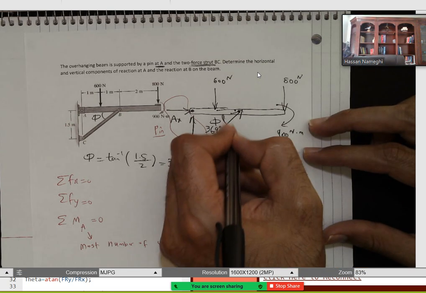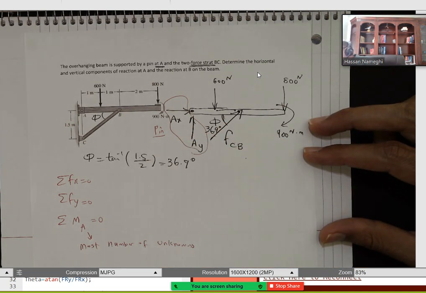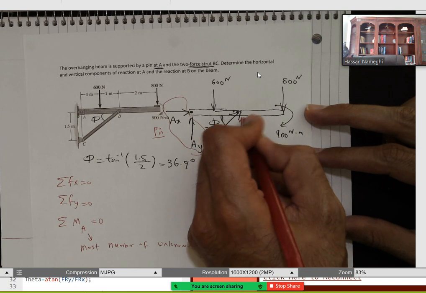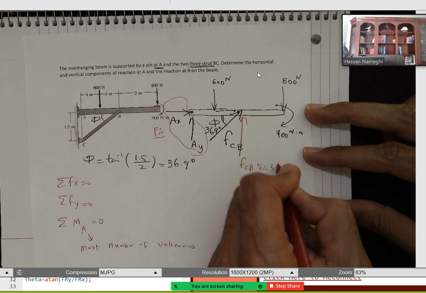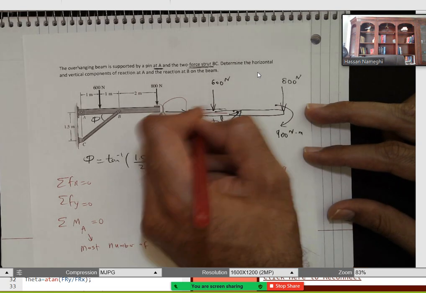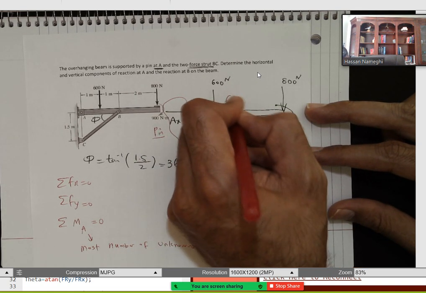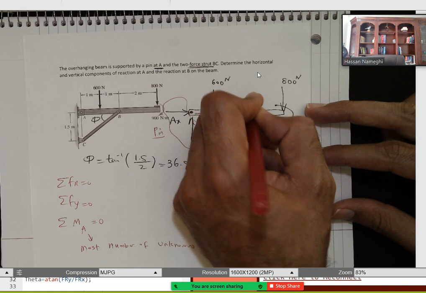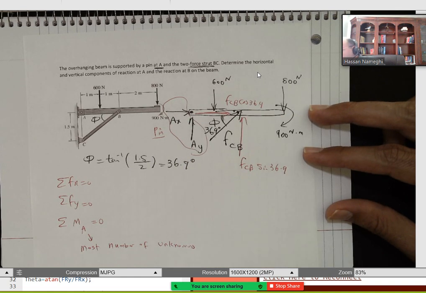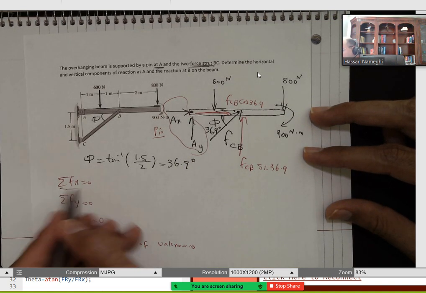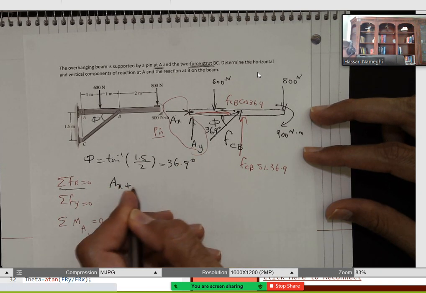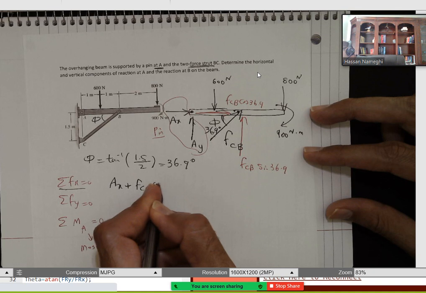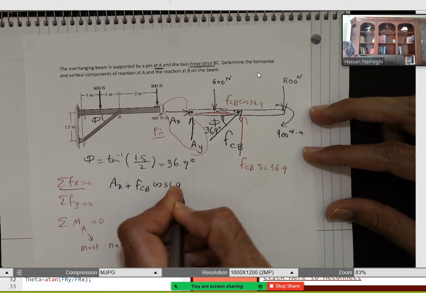Before I move ahead, I need to break down FCB into x and y components. Down here I'm going to get FCB sine 36.9. Over there I'm going to get FCB cosine 36.9. So this is the equation on the x. On the x I have AX plus FCB cosine 36.9.